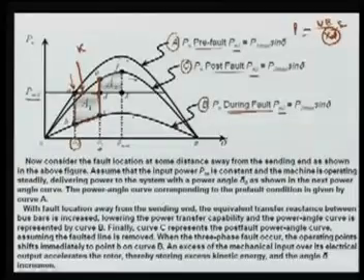So this is written here, with the fault location away from the sending end, the equivalent transfer reactance between the bus bar is increased, lowering the power transfer capability, and the power angle curve is represented by the curve B during the fault because less power is fed. Finally, the curve C represents the post-fault power angle curve, assuming the faulted line is removed.